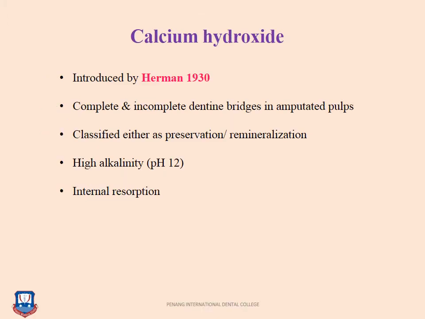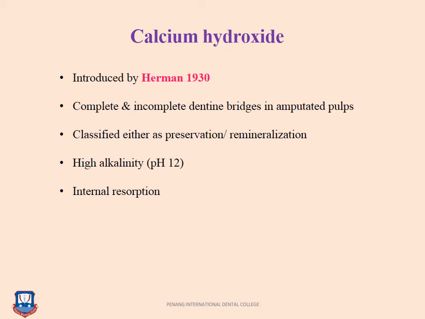The next is calcium hydroxide, which was introduced by Hermann in the year 1930. In this, complete or incomplete dentine bridges are seen in the amputated pulp, which is classified as preservation or remineralization. So calcium hydroxide can be classified into either the preservation group or the regeneration or remineralization group.